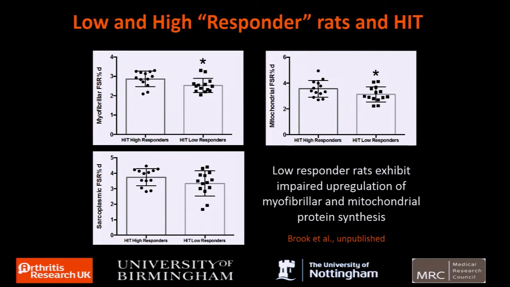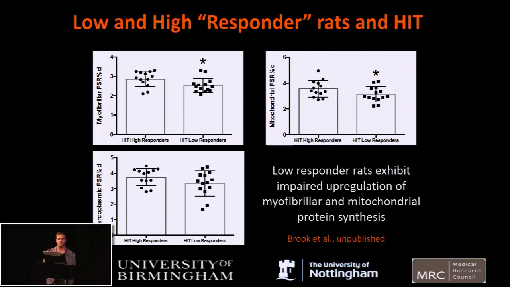Taking that a step further, we used an animal model of trainability in which a selective outbreeding program has been developed to generate animals which exhibit either low or high response traits to endurance exercise. And what we did was we looked at these fraction-specific responses in these animals when we exposed them to the exercise.